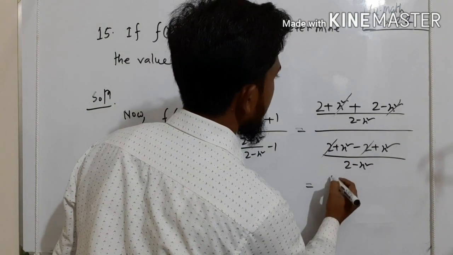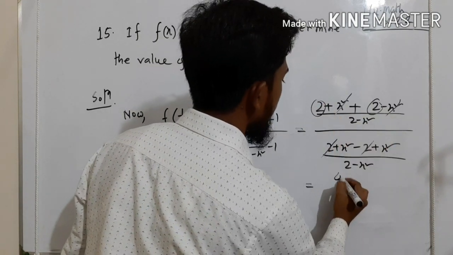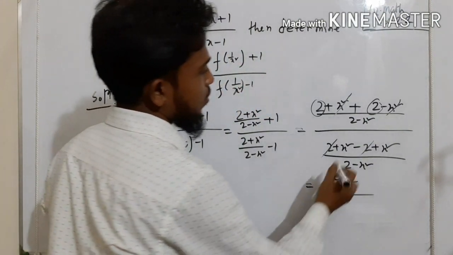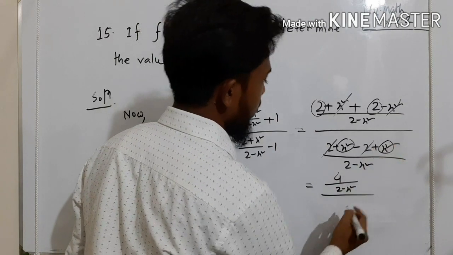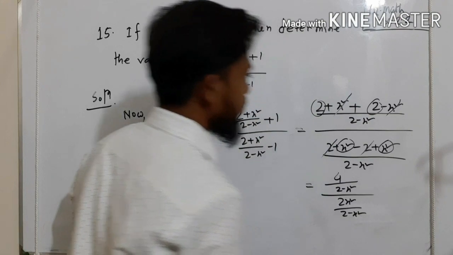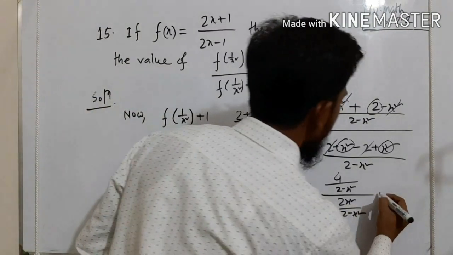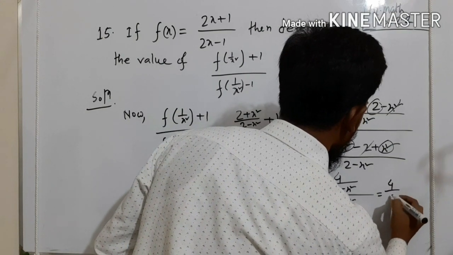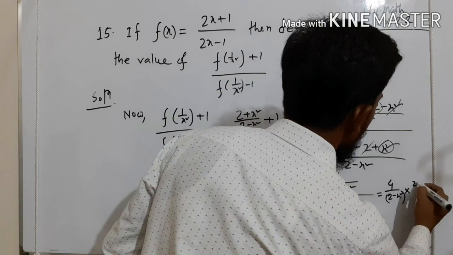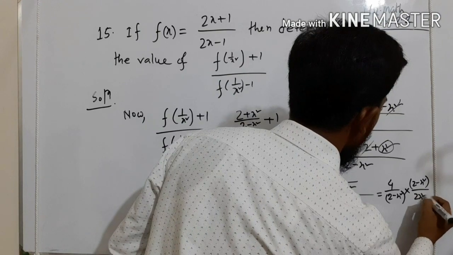So we can write 2 plus 2, that is 4, divided by 2 minus x square, divided by x square plus x square, that is 2x square, divided by 2 minus x square. So we can write 4 divided by (2 minus x square) into (2 minus x square) divided by 2x square.